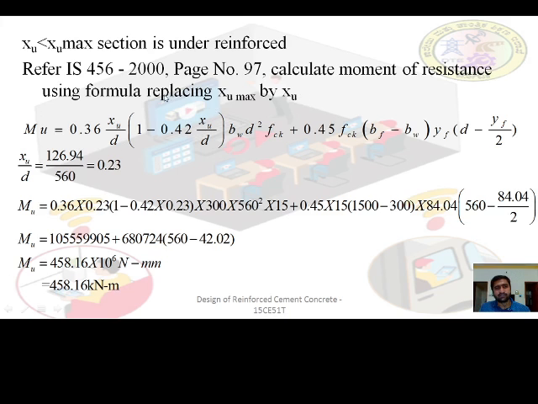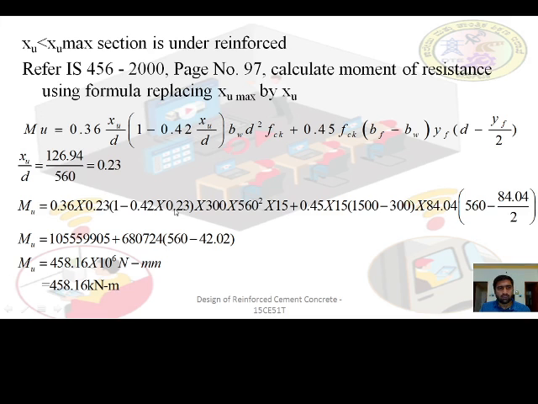For the under reinforced section, we will replace XU max by XU and then write down the equation. Here I have calculated XU by D, so the problem becomes simple to solve. Substitute all the terms over here.